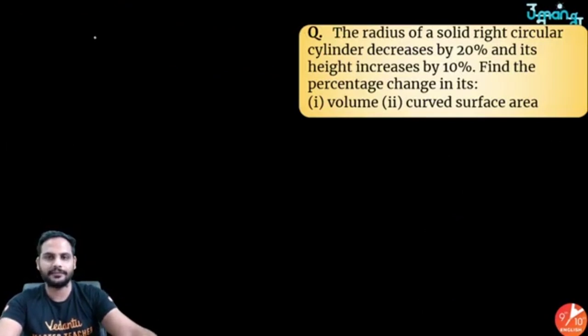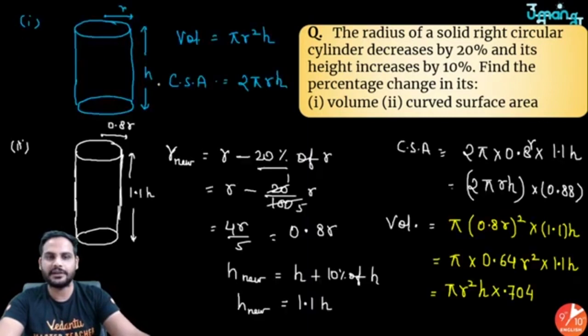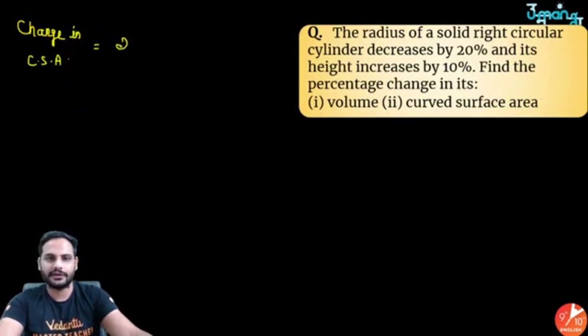So the change in CSA will be equal to, earlier it was 2 pi r h, minus now 0.88 times 2 pi r h.